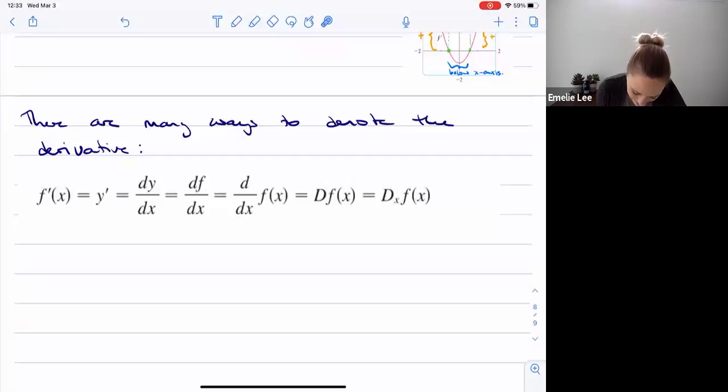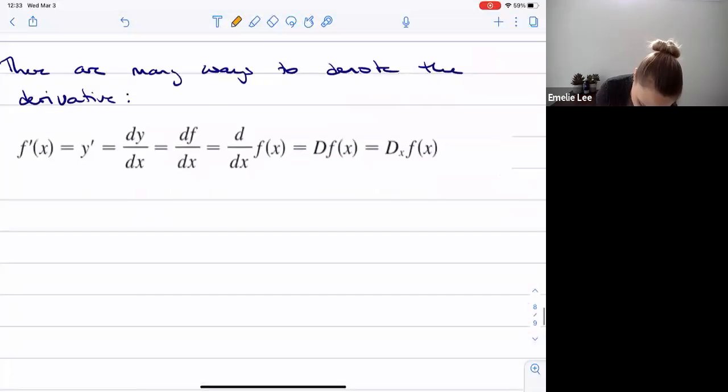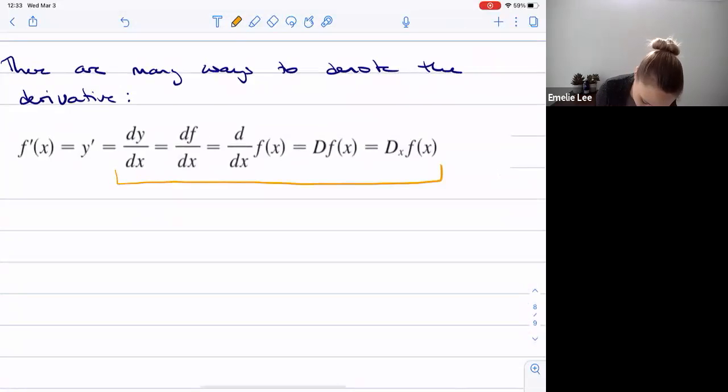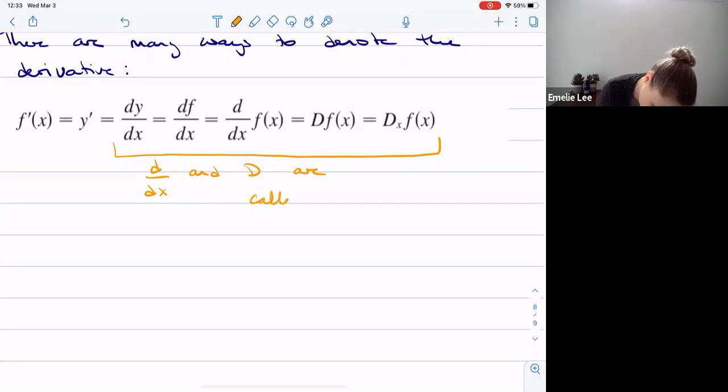When we use these dy dx, df dx, d dx, for example, these are differential operators. And I guess even the capital D. So d dx and D are called differential operators.